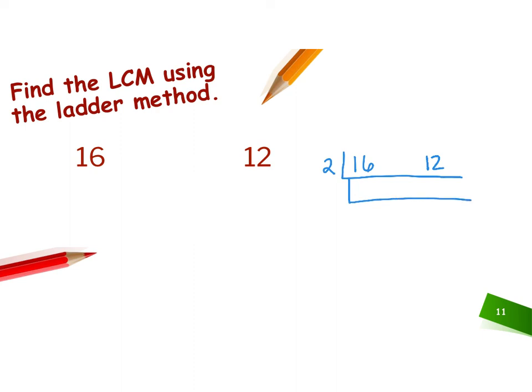So inside of the next ladder step, 16 divided by 2 is 8, and 12 divided by 2 is 6. Both 8 and 6 can be divided by 2. So inside of our next ladder step, 8 divided by 2 is 4, and 6 divided by 2 is 3.